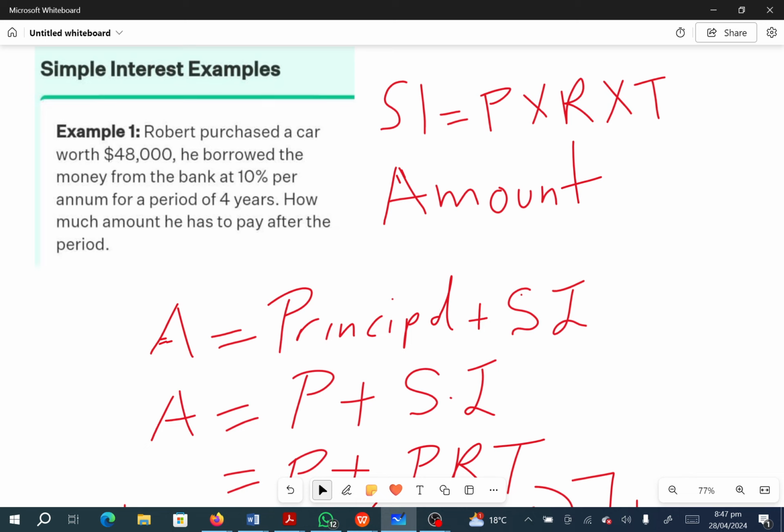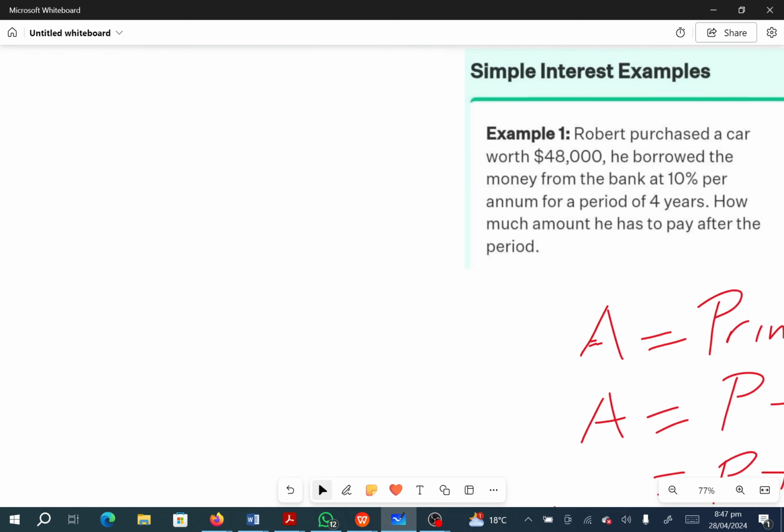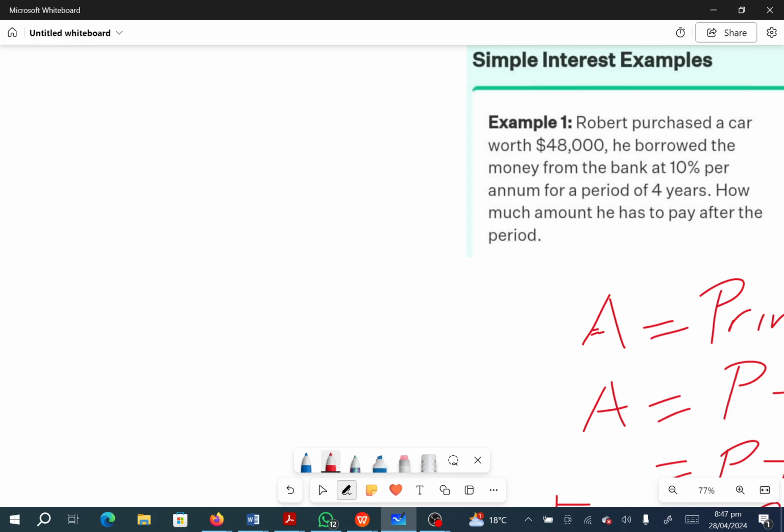How much amount does he have to pay after the period? So we'll begin by writing our data.